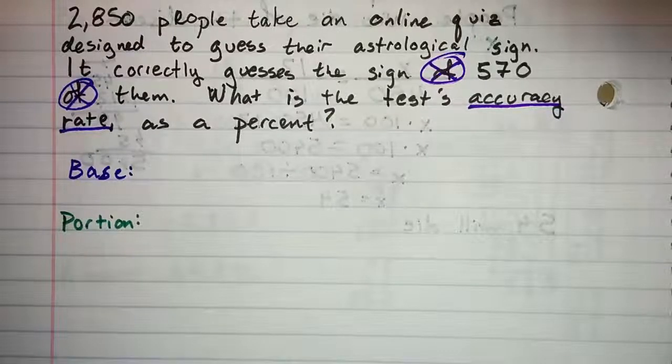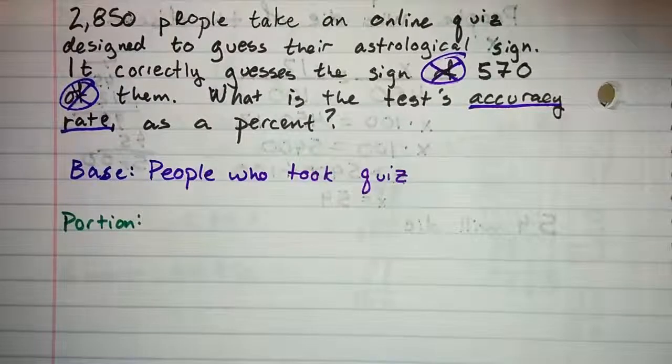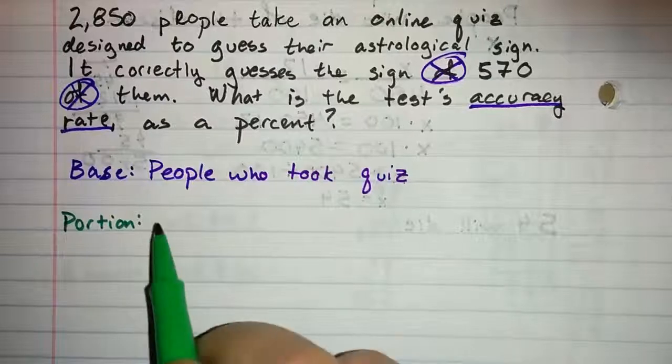Well, it means to be correct, right? So its accuracy rate is going to be how often it's correct, which means the base has to be the number of times it tried, and the portion has to be the number of times it was right. So the base is going to be the people who took the quiz, and the portion is going to be the people the quiz guessed right.